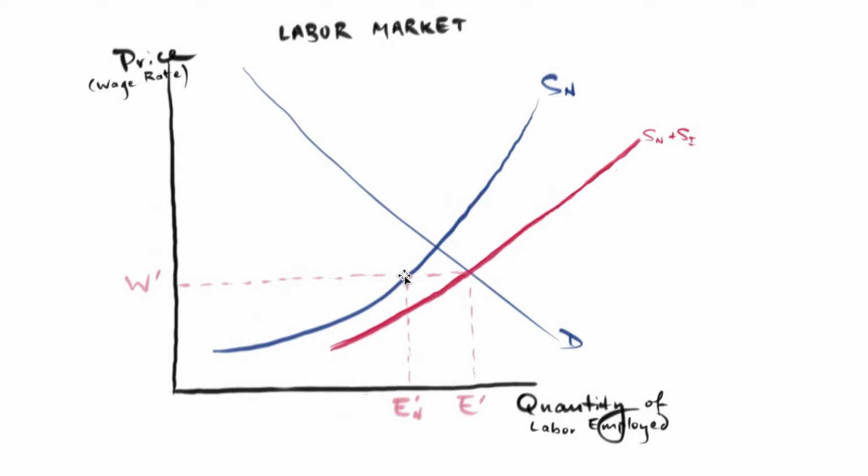Okay, so remember, the initial equilibrium occurred where SN intersected demand, so that's right here. Now that there are immigrants, total employment has increased to E prime, but some of those are the new immigrant workers. The number of natives working at this new equilibrium wage is EN prime. So employment of native workers has gone down.